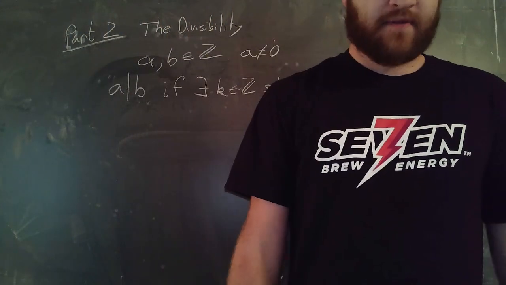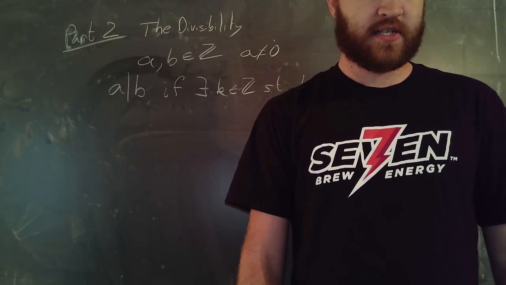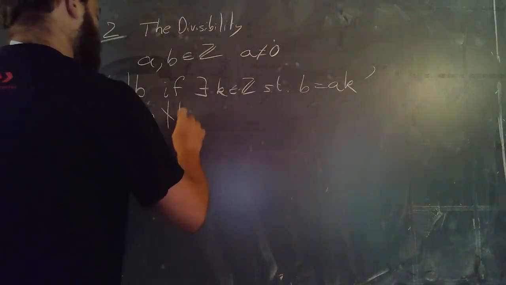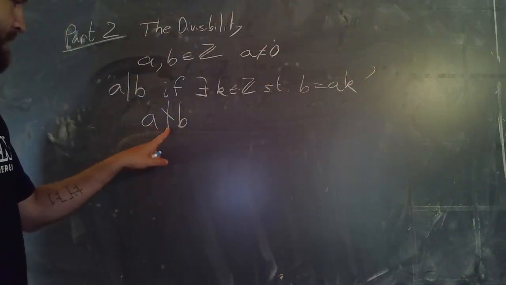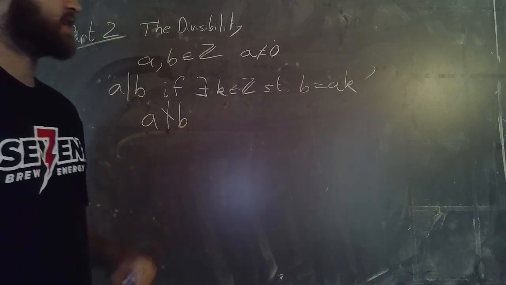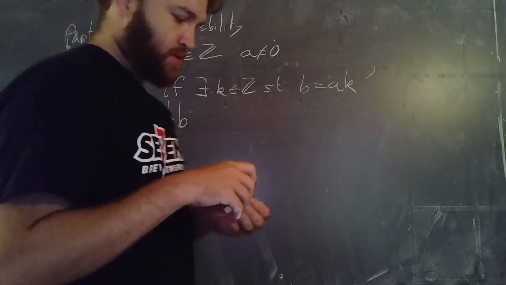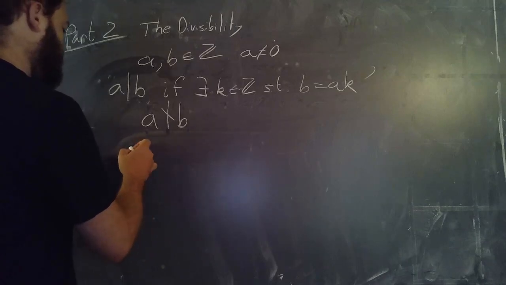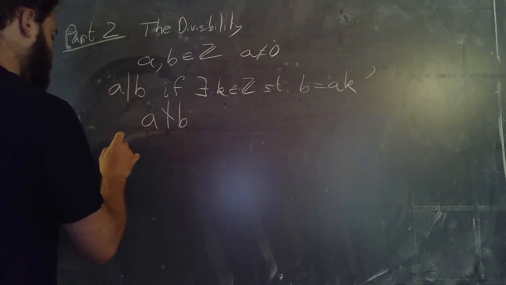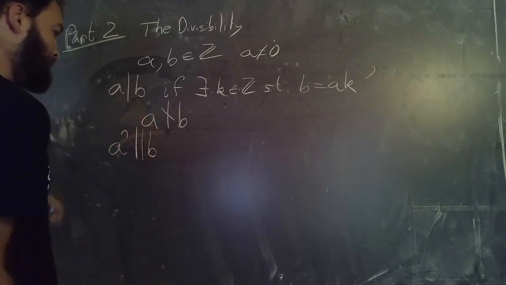If we cannot find such an integer k, if there does not exist an integer so that b can equal a times k, then we can write that a does not divide b, which we denote with this same vertical bar with a line through it. Another notation in this divisibility set of notations would be if we have a to some power n double divides b.